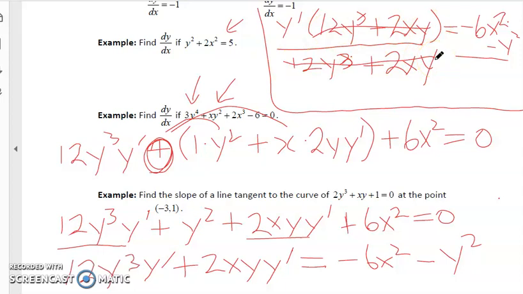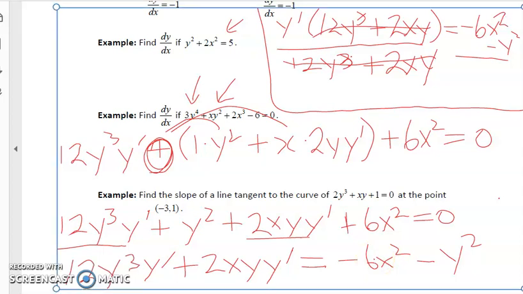Now where in the world am I going to write that? Anyway, you're going to have negative 6x squared minus y squared over 12y cubed plus 2xy.